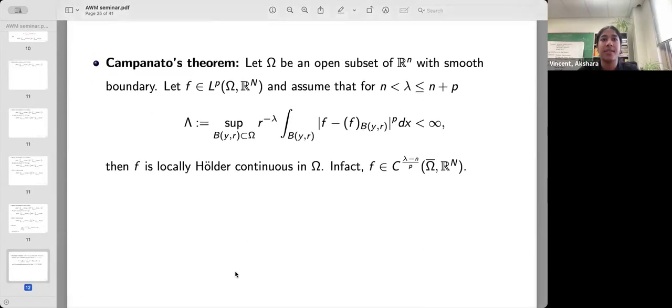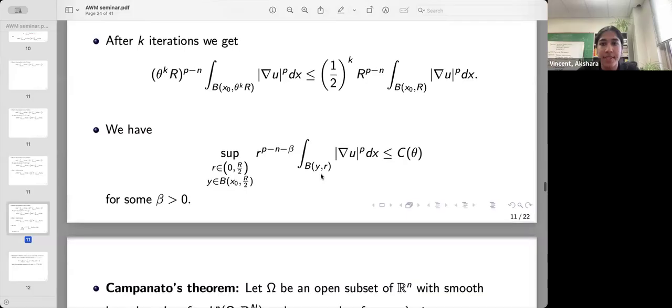Because of an existing result called Campanato's theorem, which states that if you have an L^p function and, for some exponents lambda, n and p, you have this quantity bounded, then f is locally Hölder continuous in Omega. In our case, we have the gradient being bounded, as we see here.